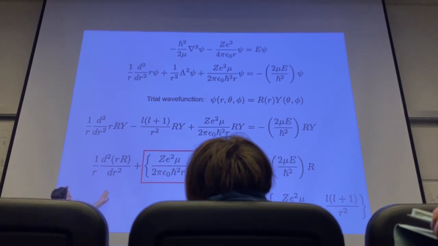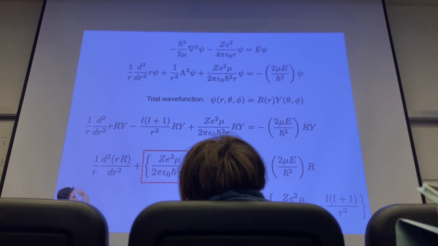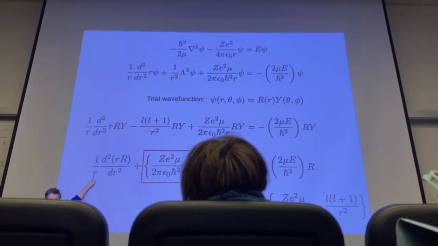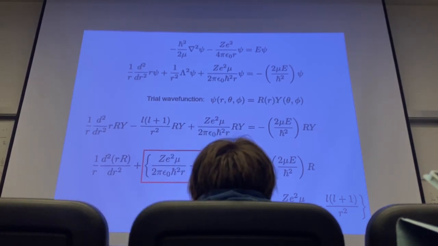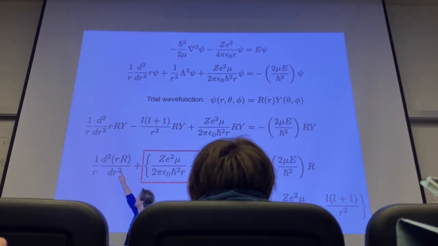What if I now multiply this whole equation by r, little r? Then this 1 over r disappears. That's good. Then here, there's going to be a little r. And here, also little r. Why is that good? Because now I have here little r, little r, and here, little r.